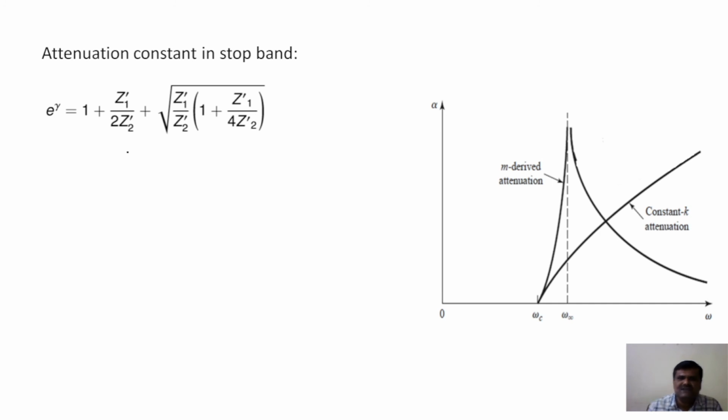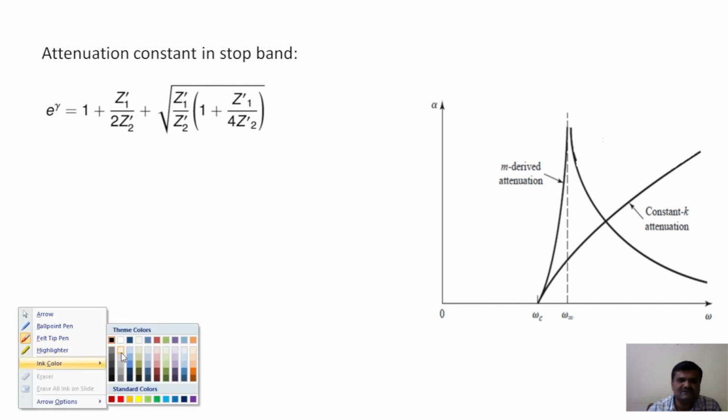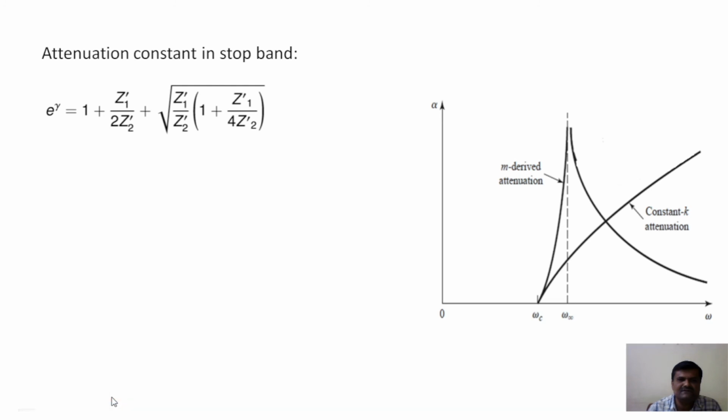We see this in depth as per the previous concept. Right here we calculate the value of omega infinity, or f infinity, equal to 1 upon pi root 1 minus m square LC.